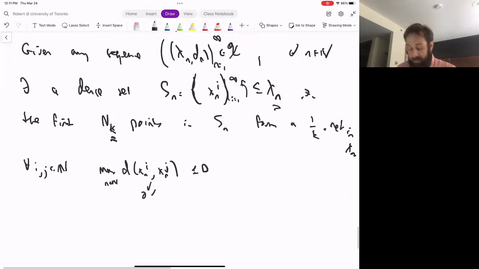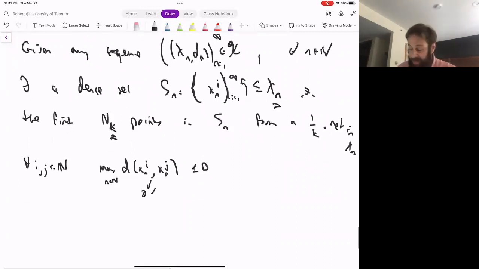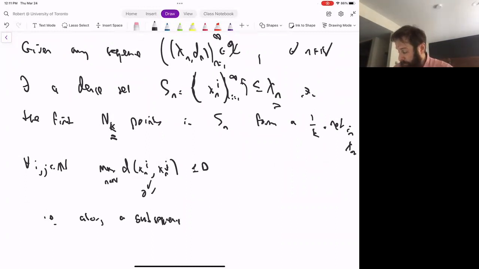And so that means that for any i and j, I can choose a subsequence of n along which these distances converge.